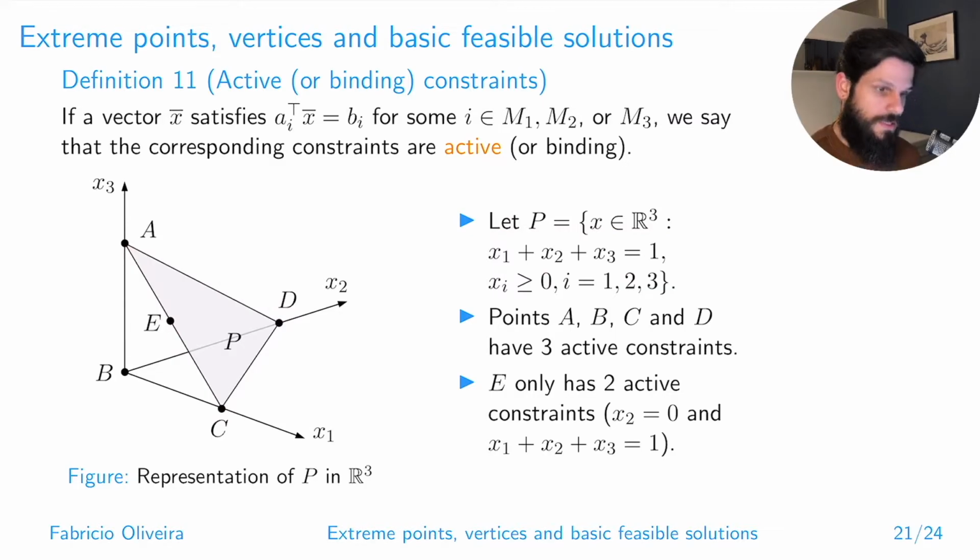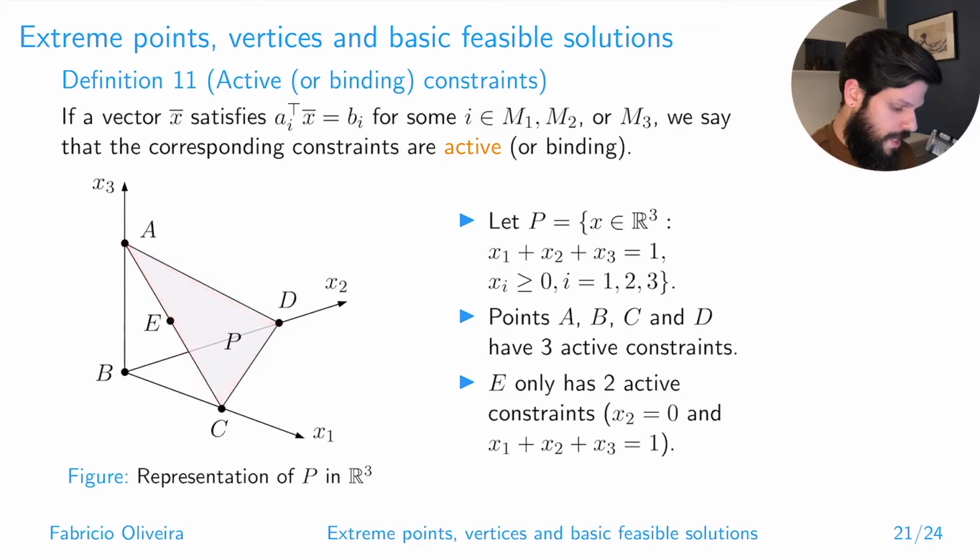We can see that, for example, picking a point like A, at A I have 3 constraints that are active. And what are these constraints? The constraint that says x1 plus x2 plus x3 equals 1, because it's part of this polyhedral set P, so it's on this hyperplane.